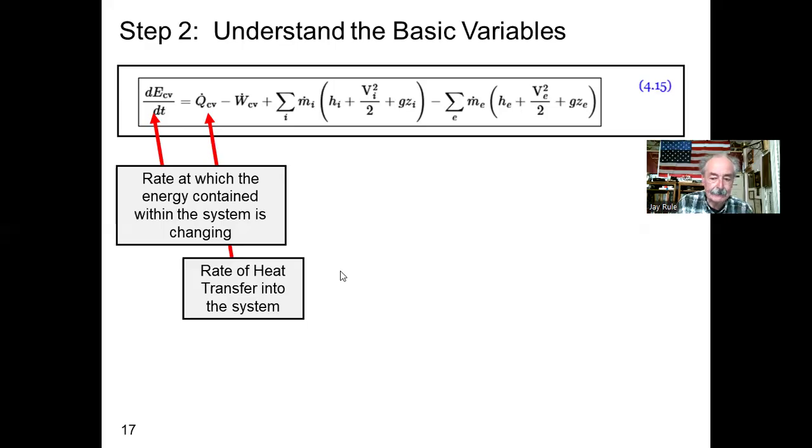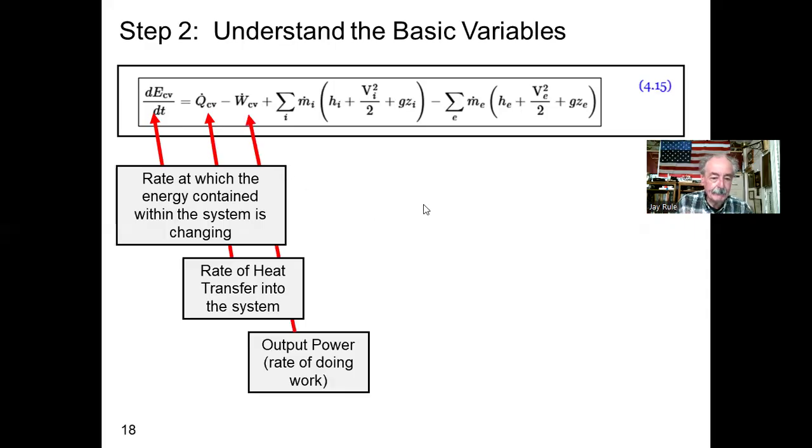That's going to be like BTUs per second or kilojoules per second, kilowatts. W dot is the same type of idea, except it's the rate of doing work out. Units, BTUs per second or kilojoules per second. That's a kilowatt or horsepower.